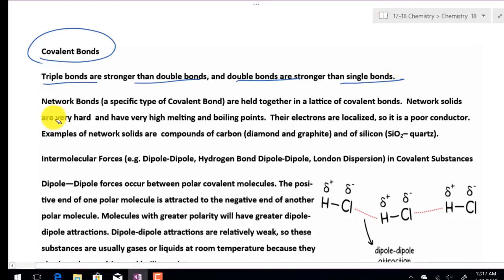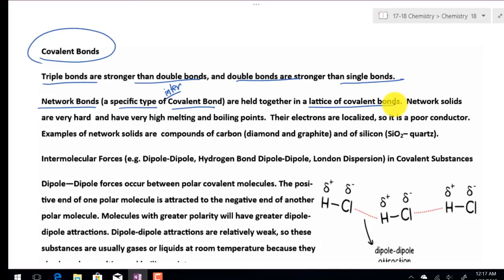One of the strongest intermolecular forces between covalent compounds is network bonds. This is a specific type of intermolecular force that deals with covalent bonds. Network bonds are held together in a lattice of covalent bonds. The same thing, a lattice is basically a repeated structure held together by opposite charges, okay? Think of ionic substances.